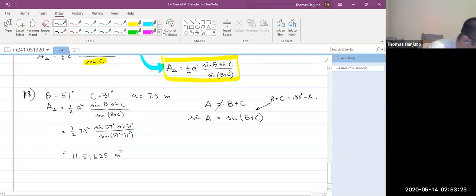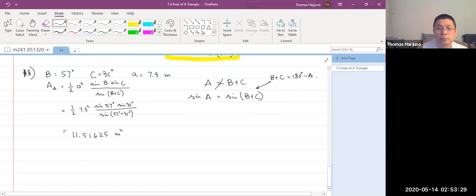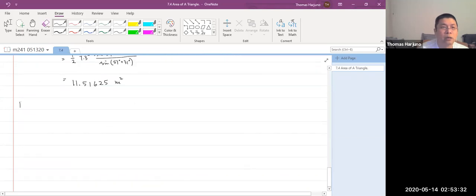That's for number 8. You try number 10. Number 10, angle A is 110.4 degrees. Angle C is 21.8 degrees.